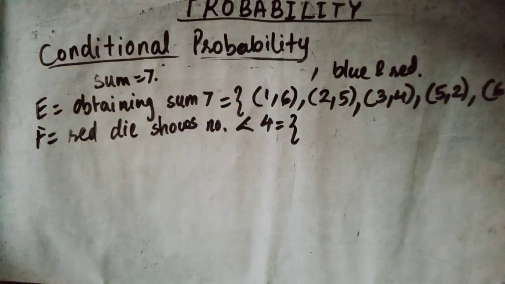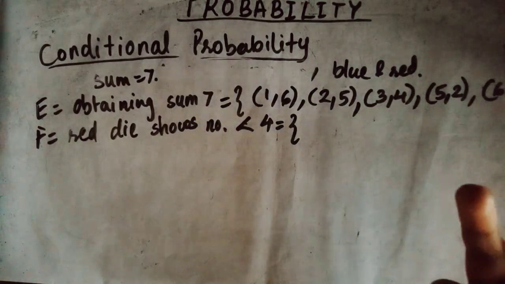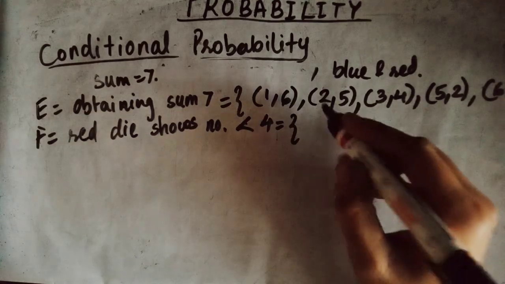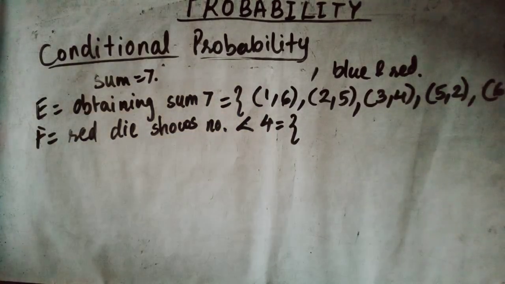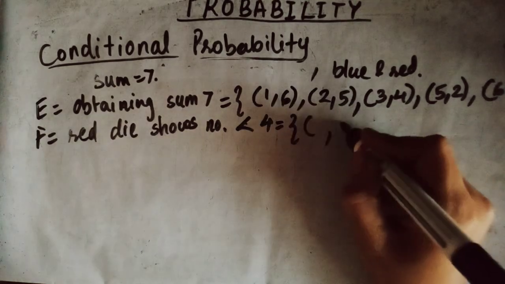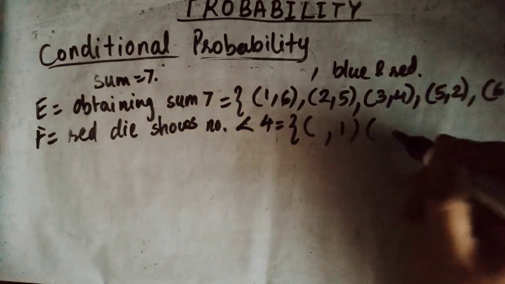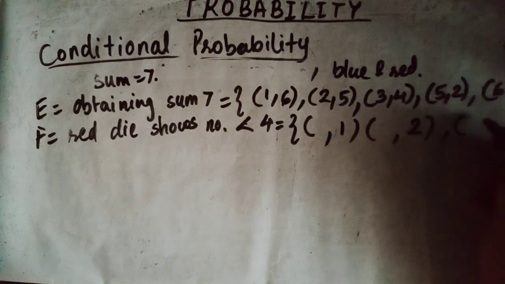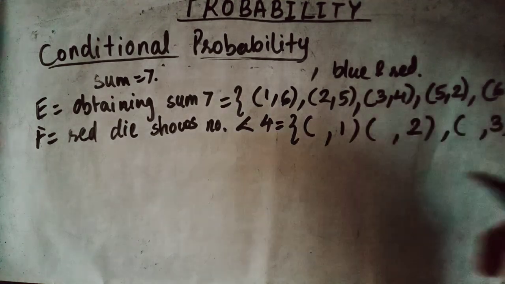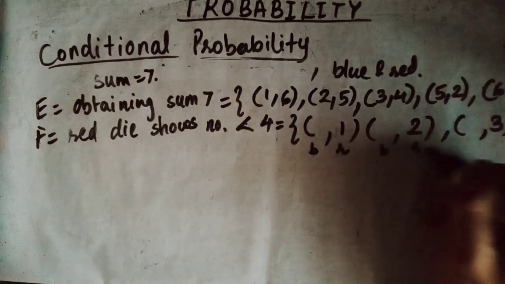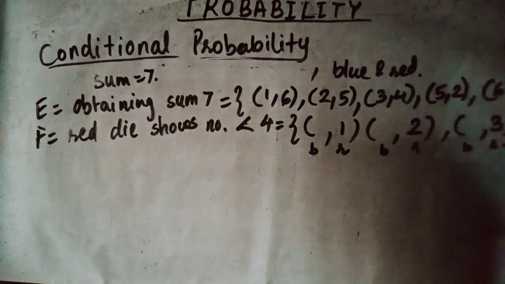So if I take blue and red, then red should be less than 4. So less than 4 is 1, we can take, then we can take 2, then we can take 3, right? So this is your blue, this is your red, blue, red, blue, red.